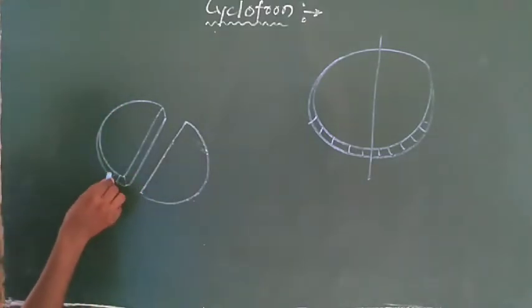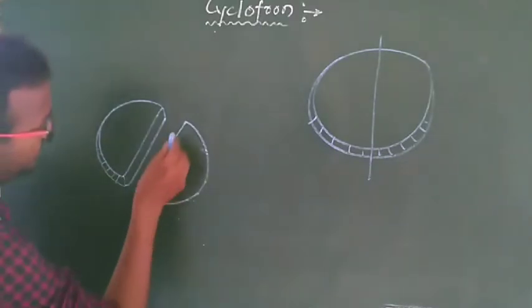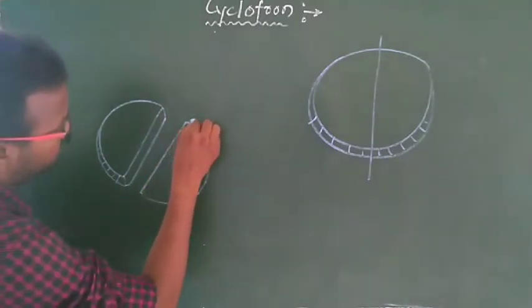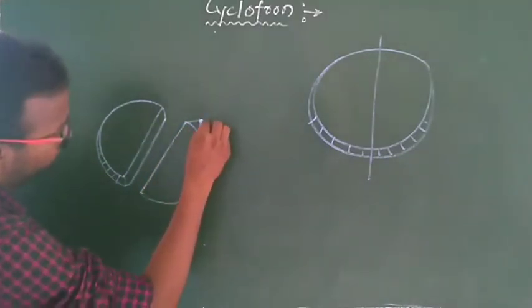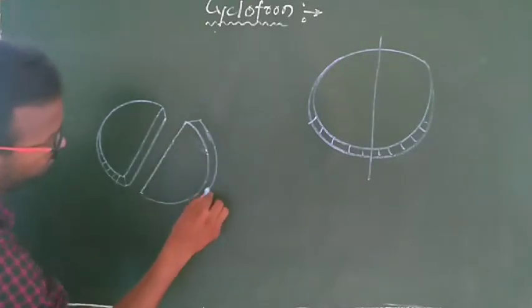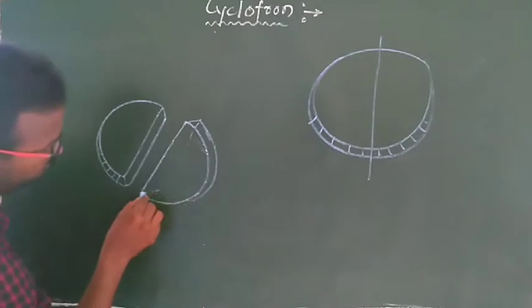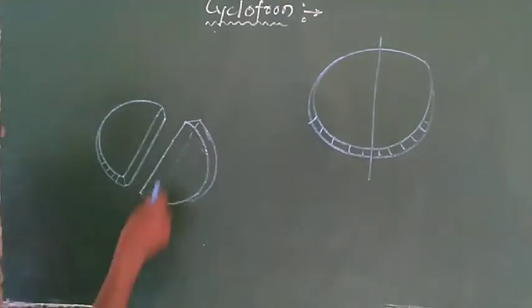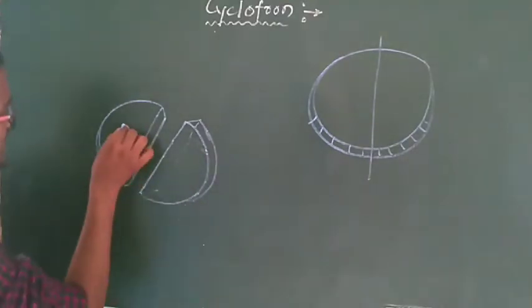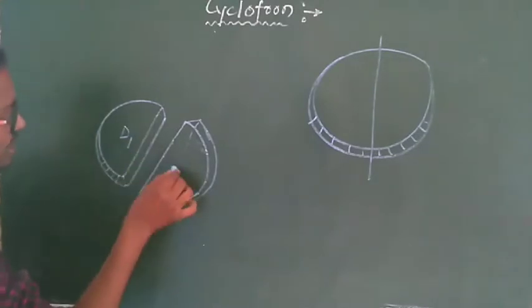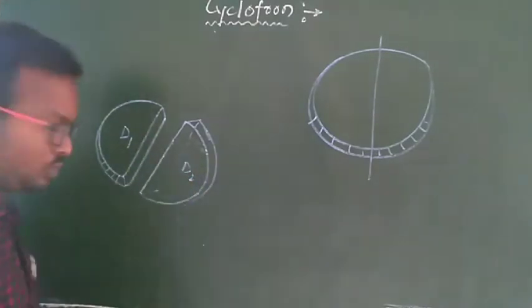Clear? These are two discs, D-shaped material, or we can call them D1 and D2.